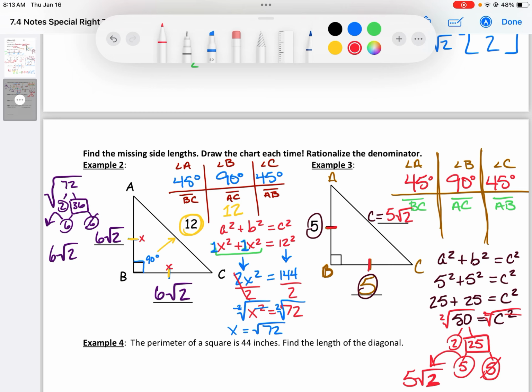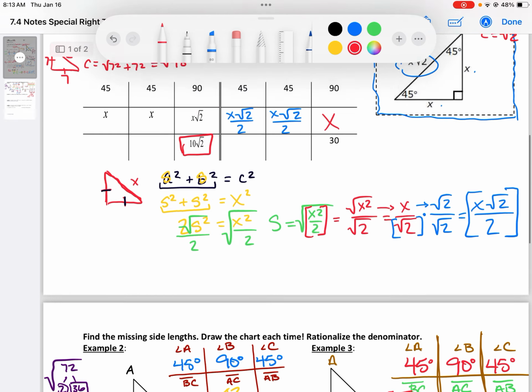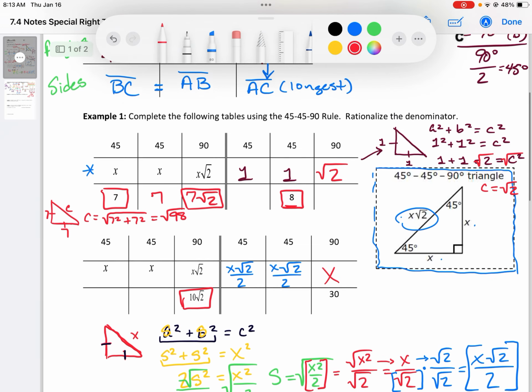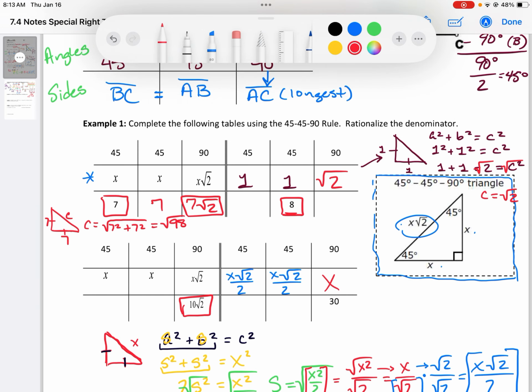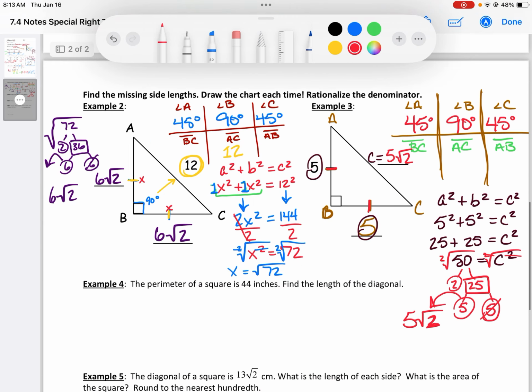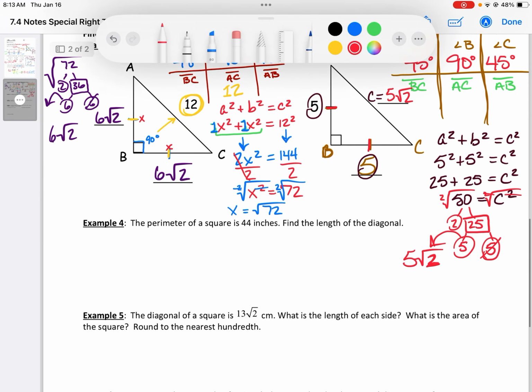Now, if you look, both of these match the pattern that we established up in example 1, where when the sides are the same, the hypotenuse is just that side length times the square root of 2. The one we just did was 5 square root of 2, like this one, 7 square root of 2. Just a little pattern.